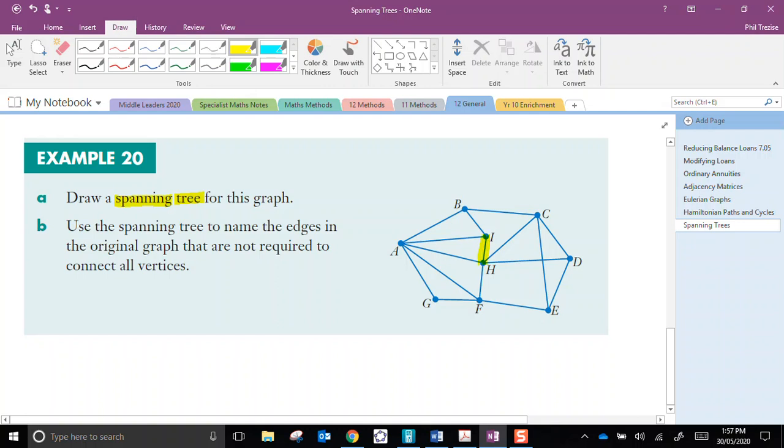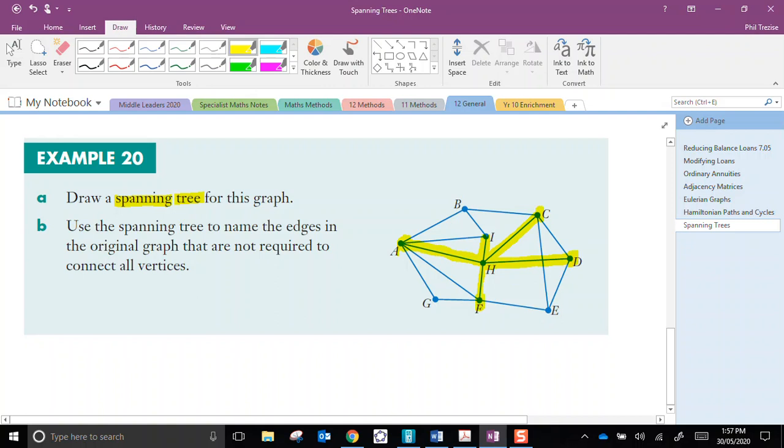Now, we do this by trial and error. So I've decided here that I'm going to start with vertex H because it looks central, and I will highlight the edges that go off from H to vertices which are each one step away. So we're pretty good.